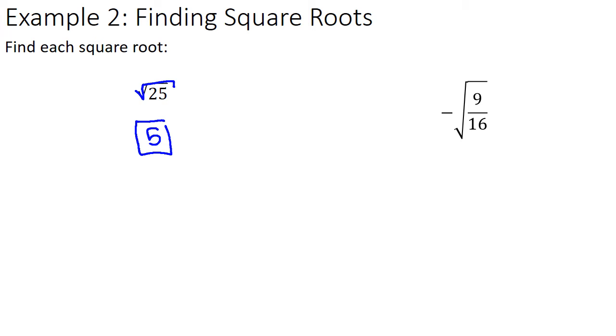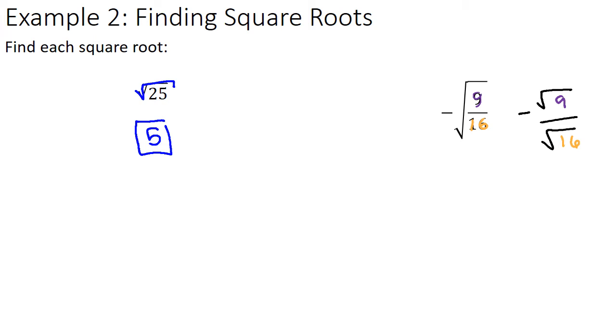Now over here we see that we have the negative square root of 9 over 16. So as we do this, we can say, oh, well, 9 is a perfect square, and 16 is a perfect square. So as I evaluate this out, what I can actually rewrite this as is negative square root over square root, and that's going to be 9 over 16.